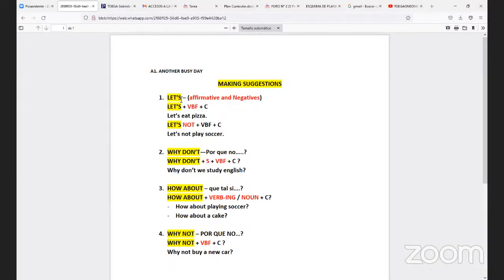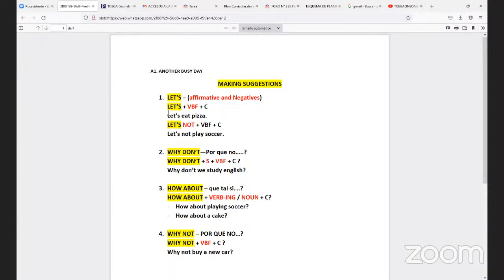In this case, we're going to use let's. We always use let's when we are making affirmative or negative suggestions. For this grammar, it's not necessary to have a subject, for example I, you, he, we.